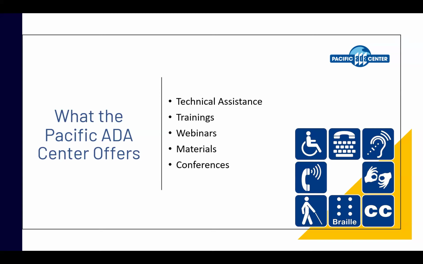Okay, good. So I am the Deputy Director of ADA Programs for the Pacific ADA Center. And what we provide at the Pacific ADA Center is technical assistance. And what we mean by that is informal guidance, not legal advice, by phone and by email on the ADA and on other disability civil rights laws. We also provide trainings, like this is one example as a webinar, but we also provide in-person trainings.